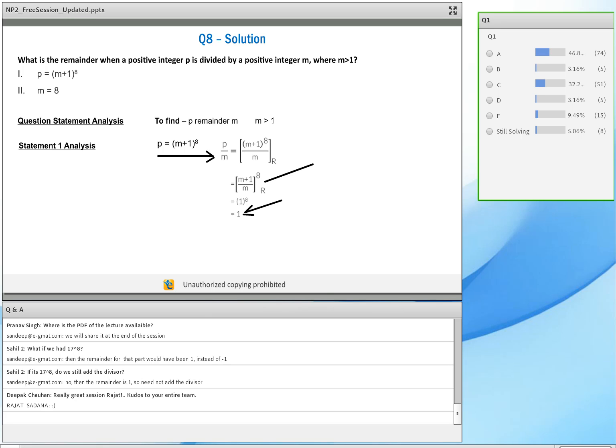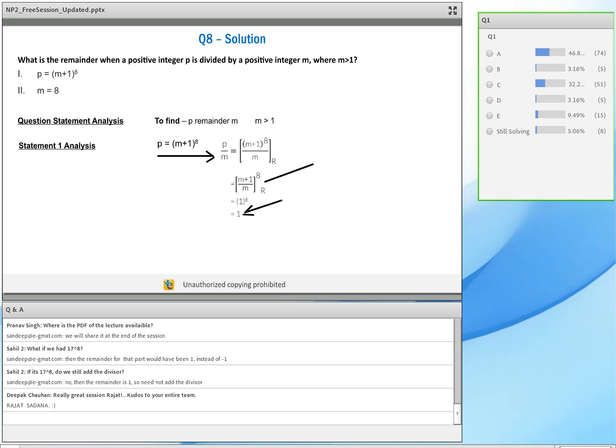Shinji is asking why 1. Because we did that. That's the concept of positive remainders. We just did that in question number 4, question number 5 and 7. We practiced the same concept in question 5 and 7 with actual numbers, and we did exactly the same. How did we figure out the remainder of 25 to the power 7 divided by 3?